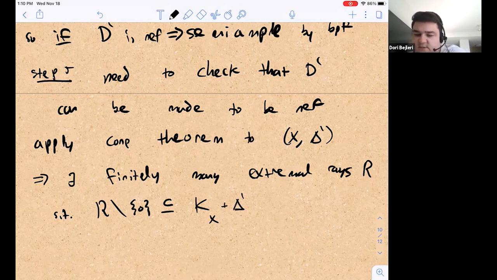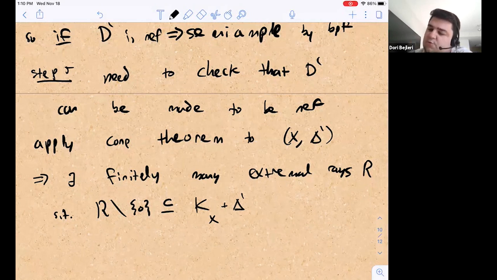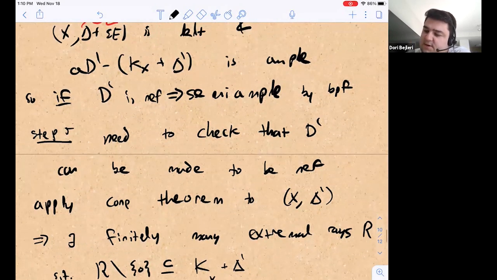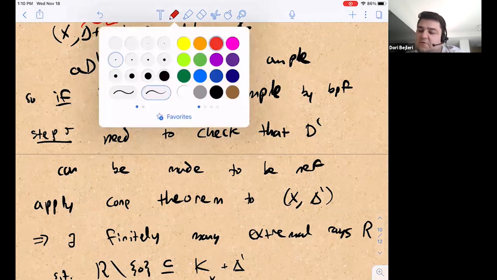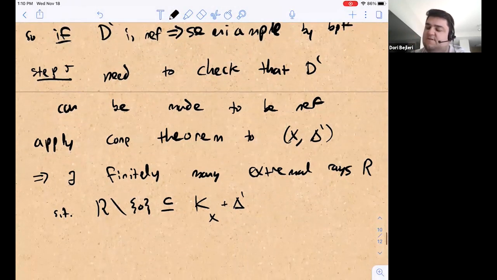So we want to perturb by some ample, and now I'm a little confused. Right, so we let the ample be exactly this one here. Sorry, we've constructed things so that's an ample. We let that be the ample that we're perturbing by to get finitely many rays.